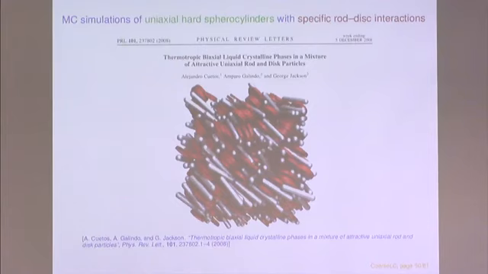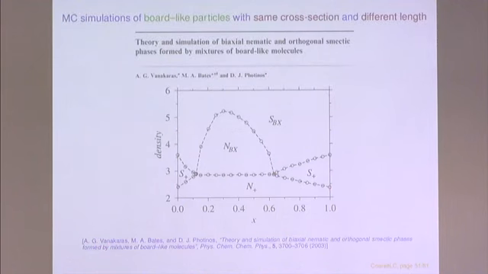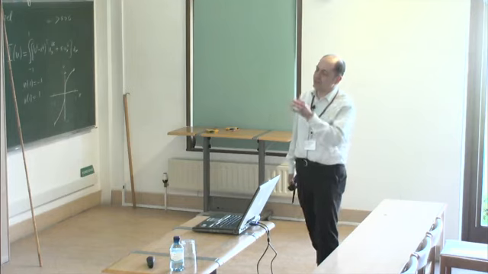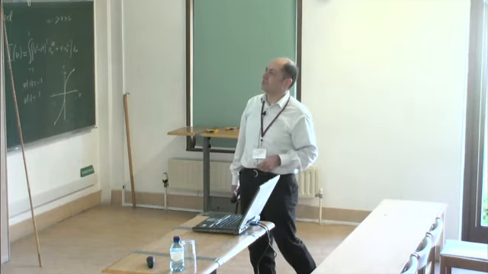So the first positive result was made by Jackson, Galindo, and Quintana in 2008, and they were able to stabilize a mixture of biaxial rods, uniaxial rods and disks using a weakly binding interaction between the hard particles. Another important result, or suggestion, was given by Fotinos, Bates, and Vanakaras, who suggested how to choose the shapes and the dimensions of the particles, and I will just tell you how in a few transparencies.